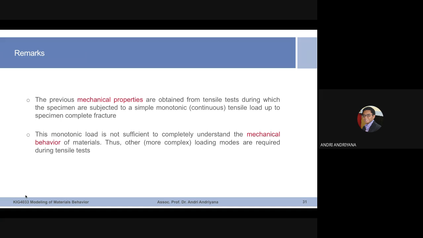From the stress-strain curve, you can extract a number of mechanical properties, such as elastic modulus, or modulus of elasticity, or Young modulus, and then yield strength, tensile strength, ductility, toughness, and so on. So these are the standard when you want to evaluate the mechanical properties.